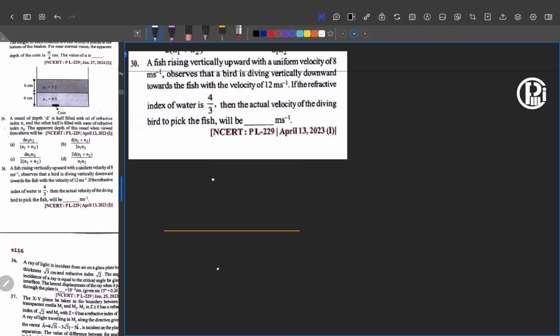So let's say this is the position of the fish from the interface, and this is the position of the bird from the interface.